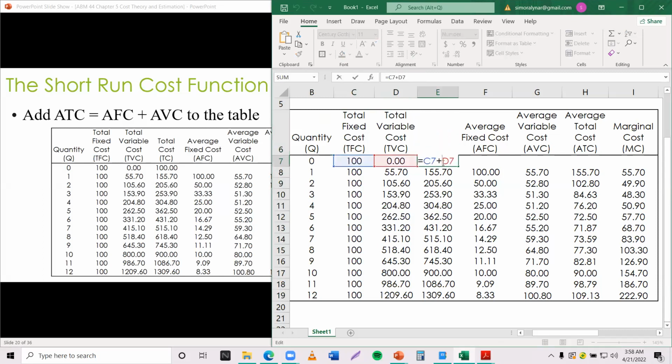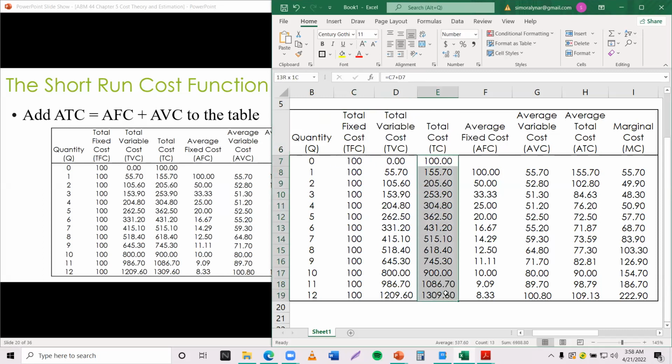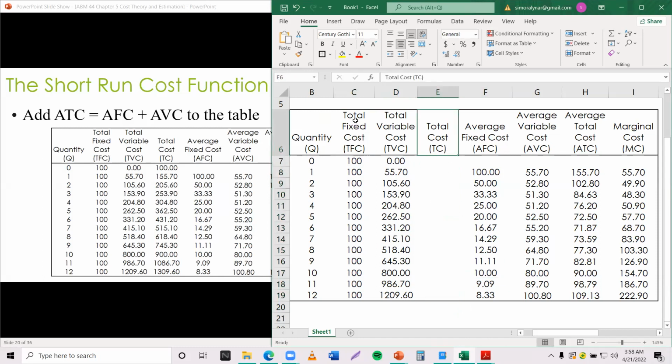That is by adding. I will delete this so that it is clearer. You simply add the fixed and variable cost. As you can see here in the table, I'll just use Excel to make it clearer. I just added TFC plus TVC here. So the answer would be 100. Next is TFC plus TVC, that is 155. So we are correct with our data, and so on and so forth.